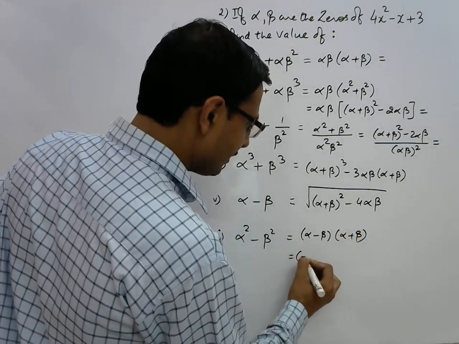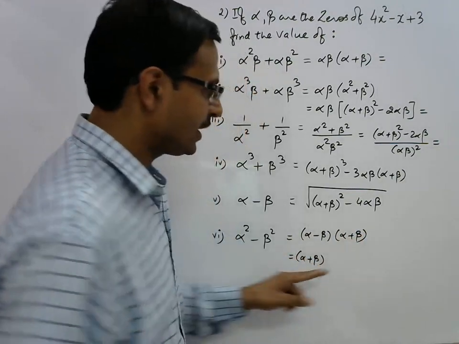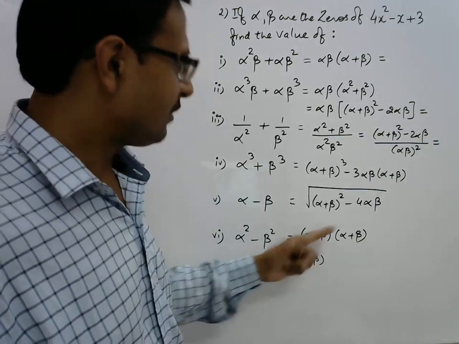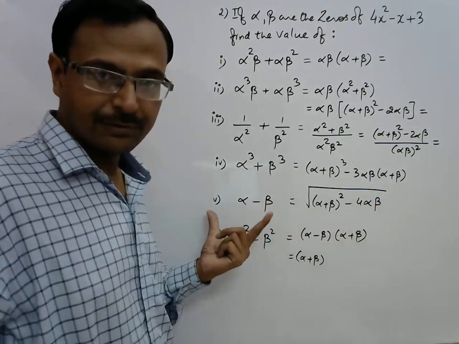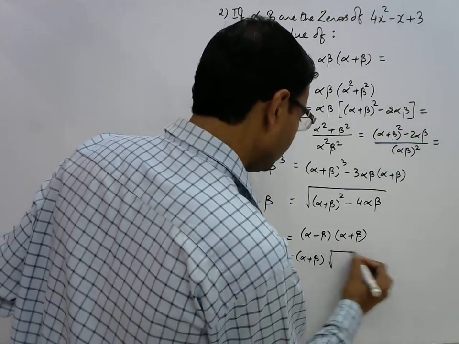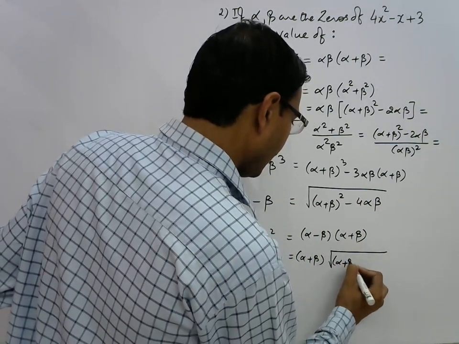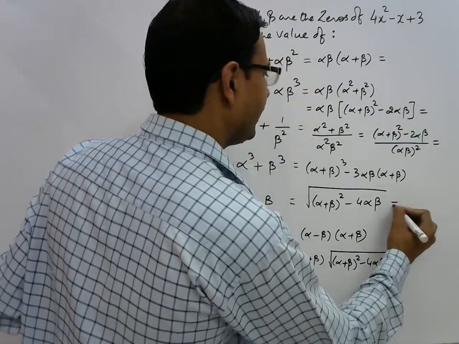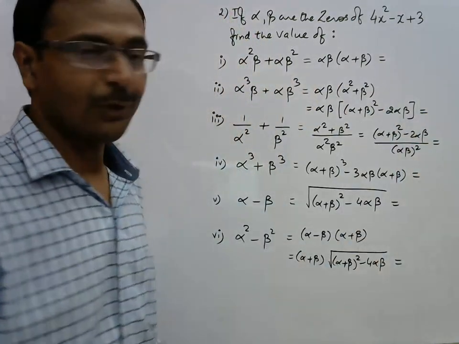So alpha plus beta will remain as it is because already that expression is converted. And alpha minus beta will be calculated just as in the fifth part. So under root alpha plus beta whole square minus 4 alpha beta. And now you can find the values of all the expressions.